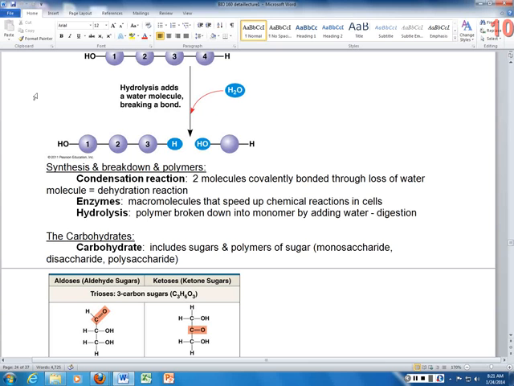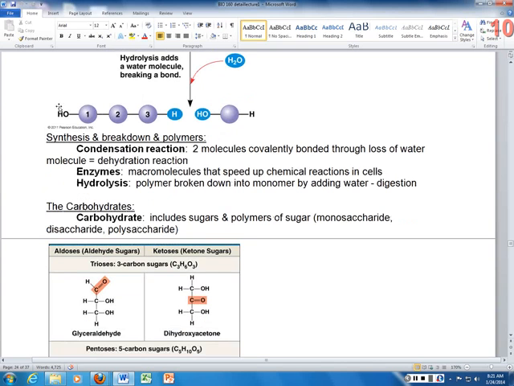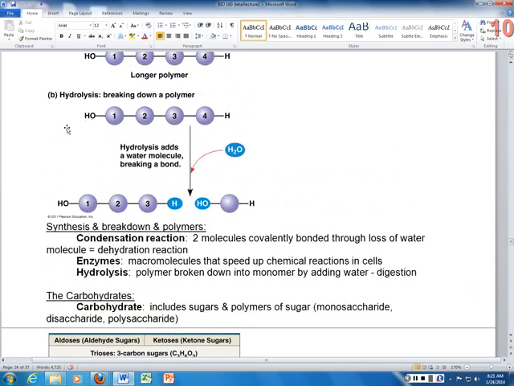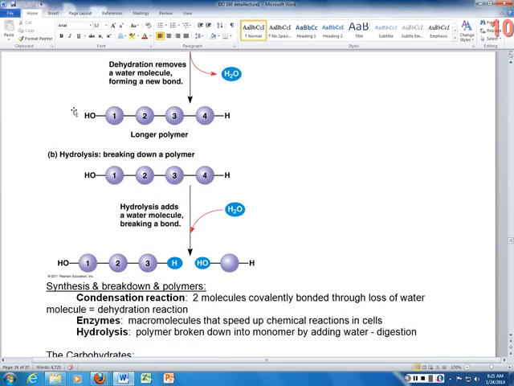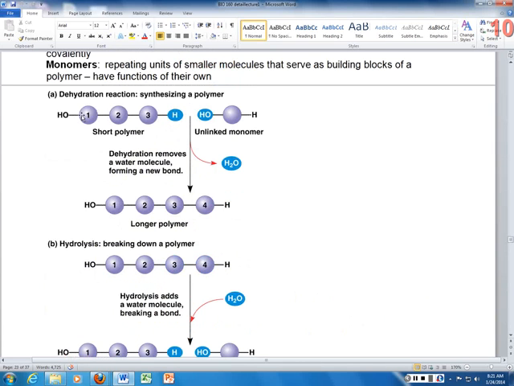So when we go to make these, most of the time it's going to occur through a condensation reaction. And when we look at these synthesis reactions, there's a couple ways. The dehydration is also a condensation reaction. When you dehydrate something or it condenses, what's going to happen to it?